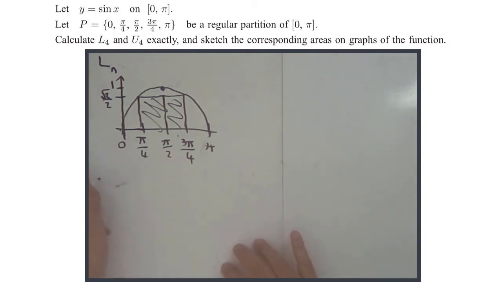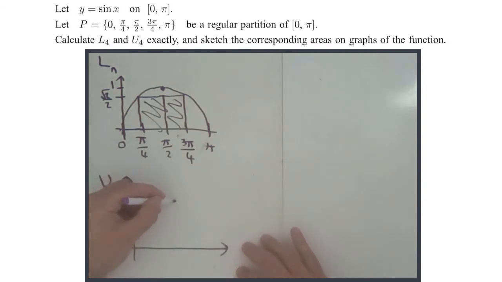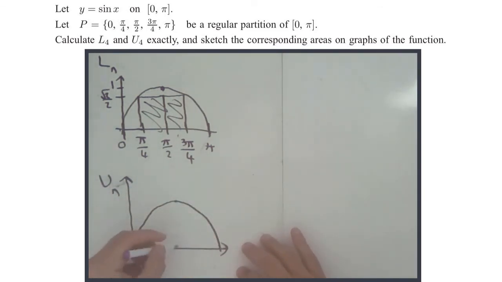The upper, same graph. Up to 1, try and draw it better. Then we've got pi by 2, pi, 0, pi by 4, 3 pi by 4, there and there.